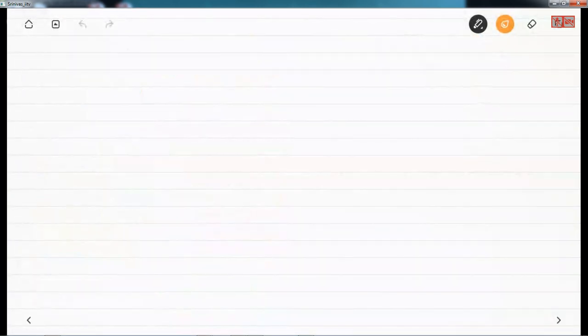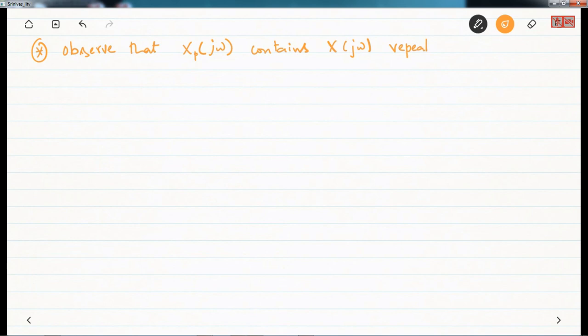So observe that xp of j omega contains x of j omega repeated at every omega s.